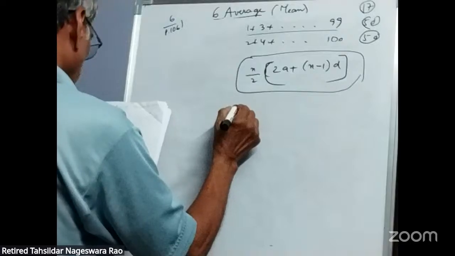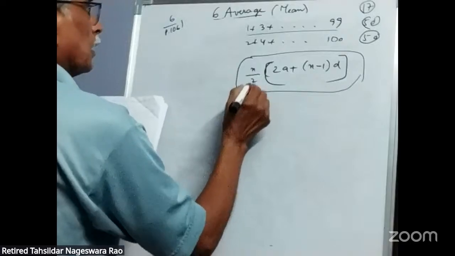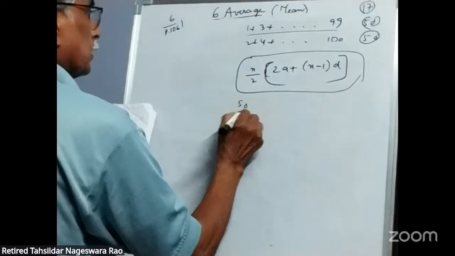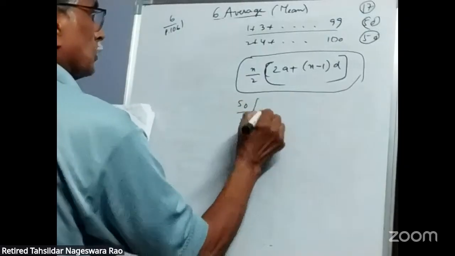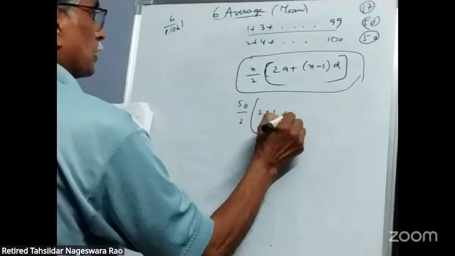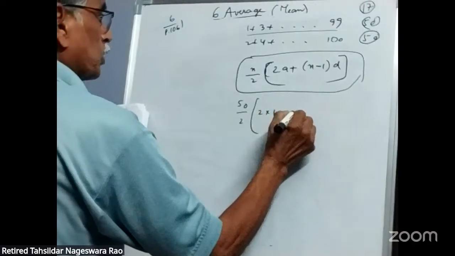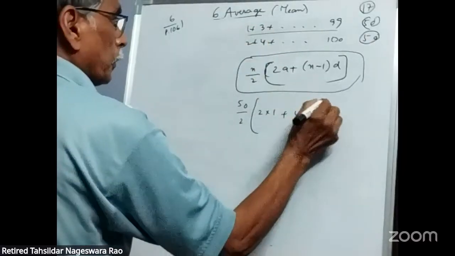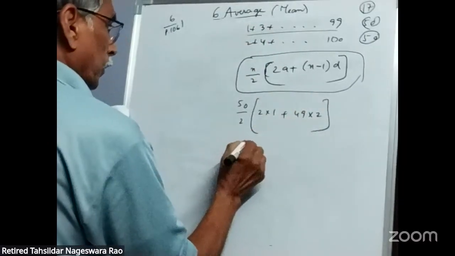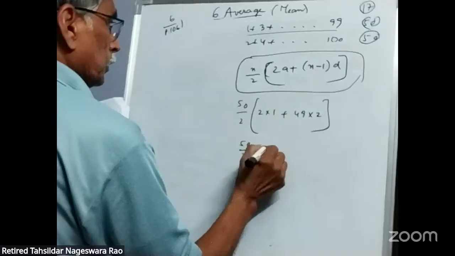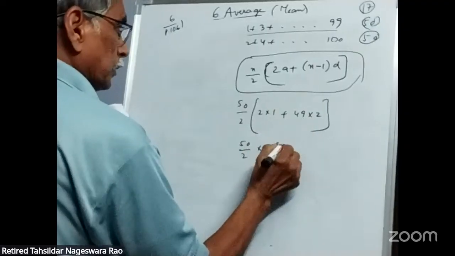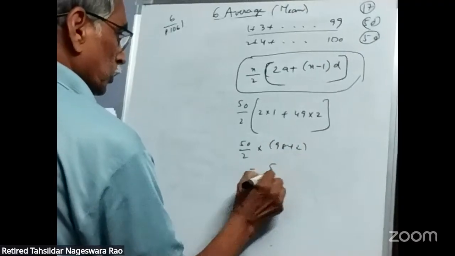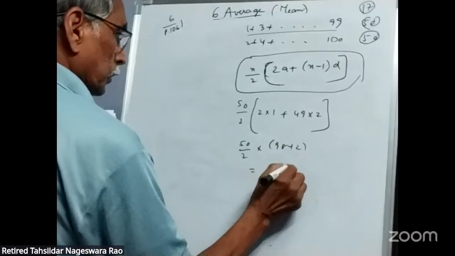N is 50, so 50 by 2 into 2 times the first term 1 plus n minus 1, which is 49, times the difference 2. 50 by 2 into 98 plus 2, 100. 50 by 2 into 100.